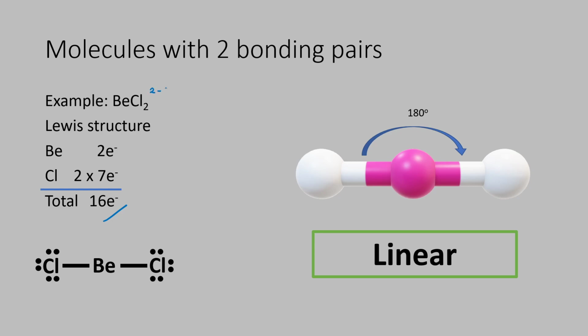2-. Okay, jangan lupa kalau dia dah bagi dalam you punya molekul tu dalam bentuk ion, awak punya Lewis structure also have to have bracket to show it is an ion. Okay, and also you punya molecular geometry is a good practice also to include bracket to show it is still an ion.